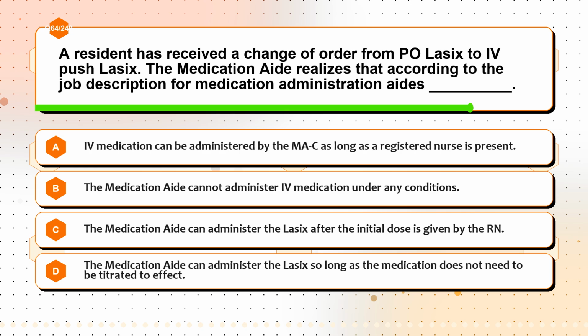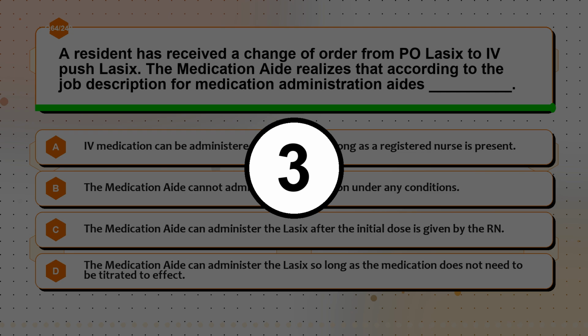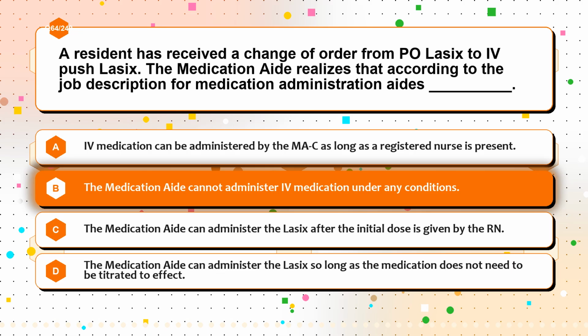Option D, the medication aide can administer the Lasix so long as the medication does not need to be titrated to effect. The correct answer is option B. The medication aide cannot administer IV medication under any conditions.